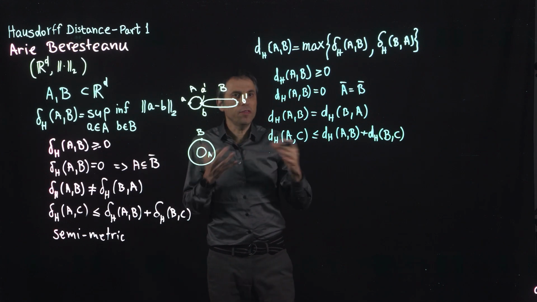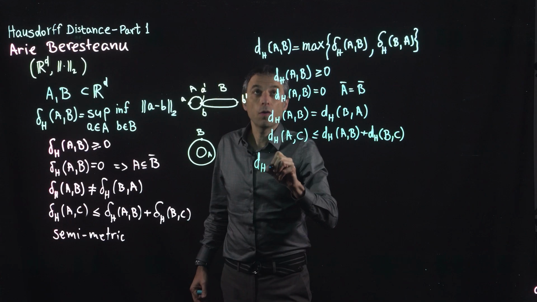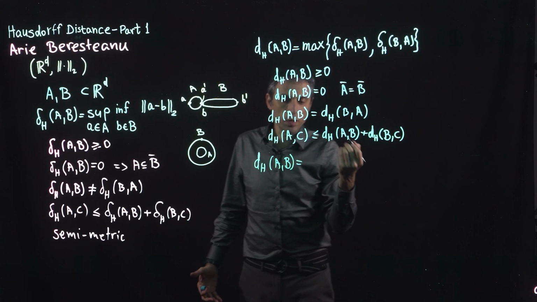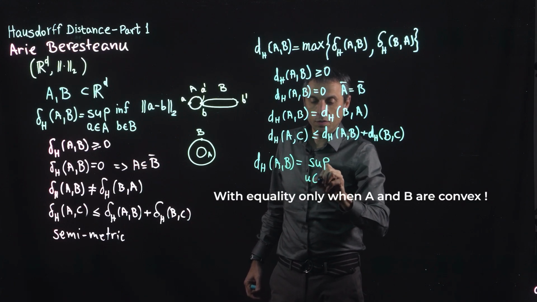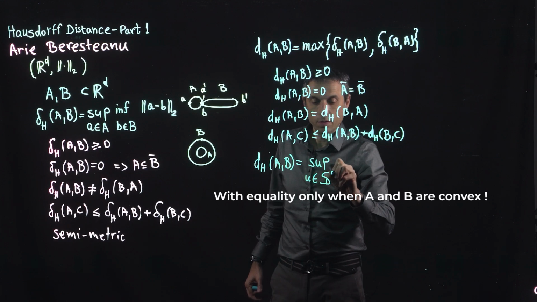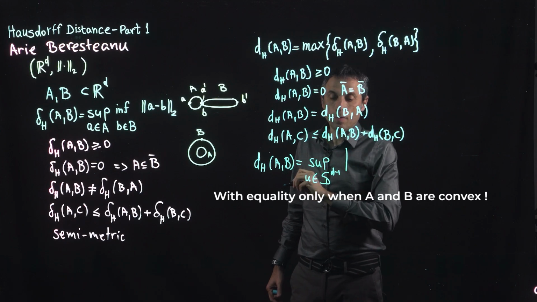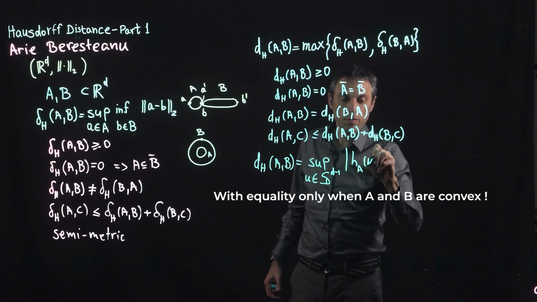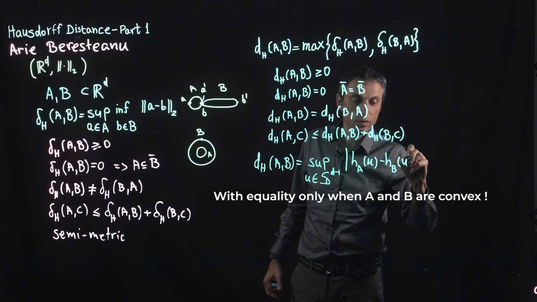There is an alternative definition for the distance. D_h of A, B, the Hausdorff distance between A and B, can also be written as the supremum over all directions u in the unit sphere of the absolute value of the difference between the support function of A evaluated at u minus the support function of B also evaluated at u.